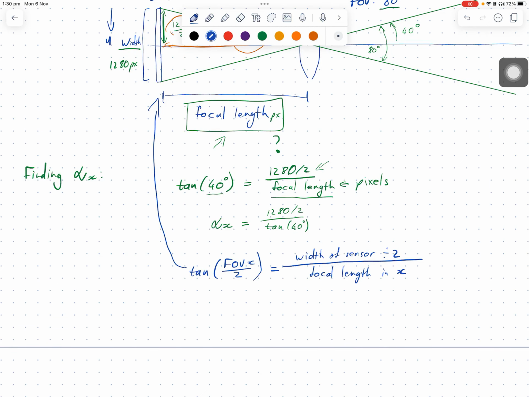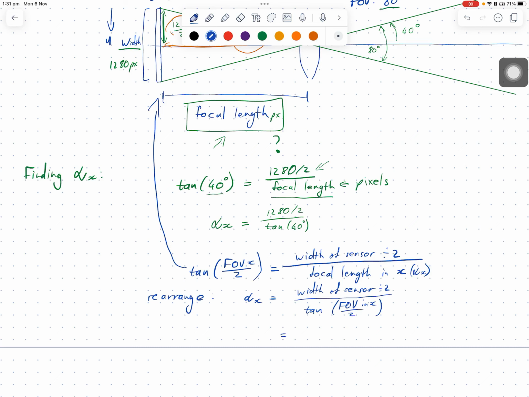When we rearrange, we get that the focal length in X, which is alpha X, equals the width of sensor divided by 2 divided by tan of the field of view in X divided by 2.